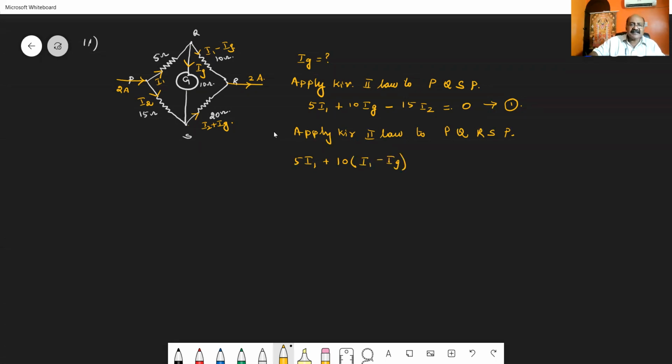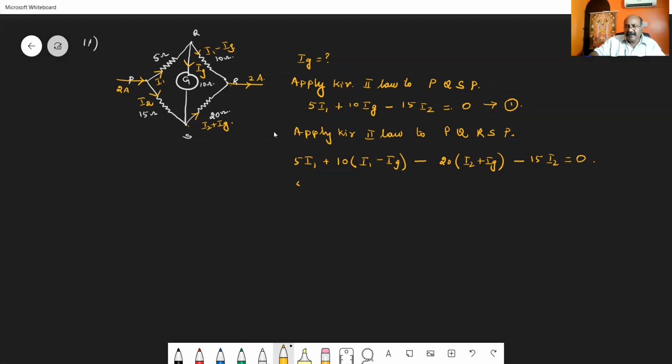Again, when you are considering RS, the direction of the path is different from that of the current, so minus 20 into I2 plus Ig. Then in the fourth arm, S to P, the current is in the opposite direction, so minus 15 into I2 is equal to, in this loop also there is no EMF, so 0.